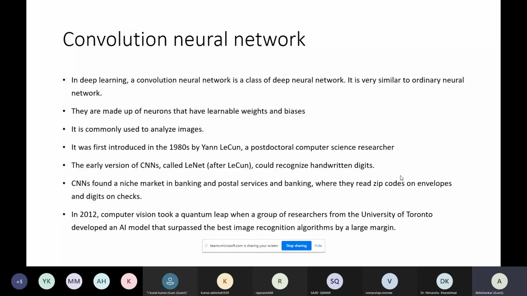So he developed the first convolutional neural network in the 1980s, and that network he called LeNet. And he also showed an application of it: recognizing handwritten digits. They used this to read postal zip codes, and it also found application in banking, to read the numbers written on a check.